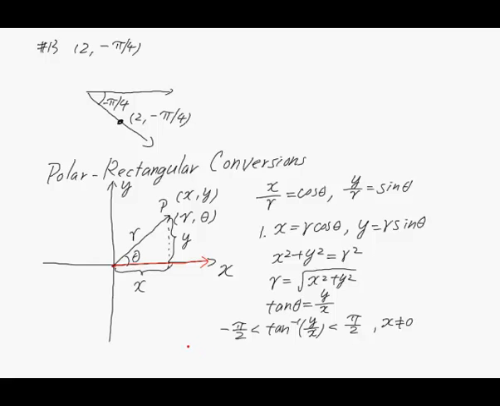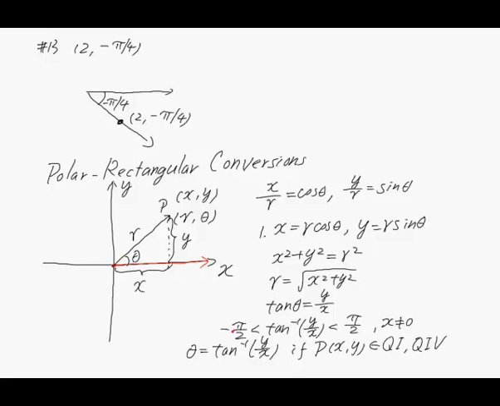So theta here is equal to tangent inverse of y over x if this point P is in quadrant 1 or quadrant 4. Okay, because if you have the acute angle, then this point is in quadrant 1.